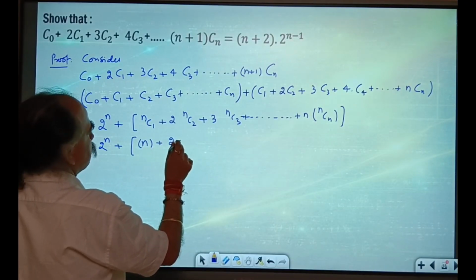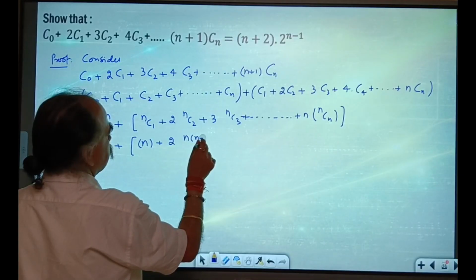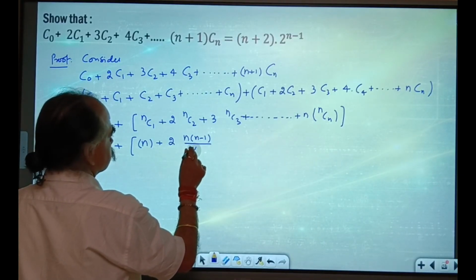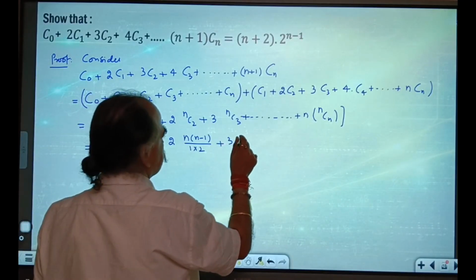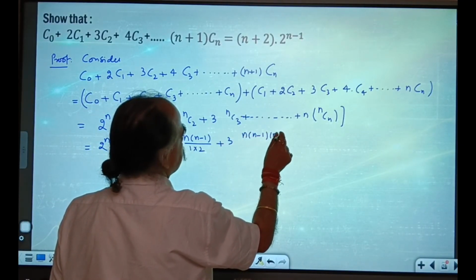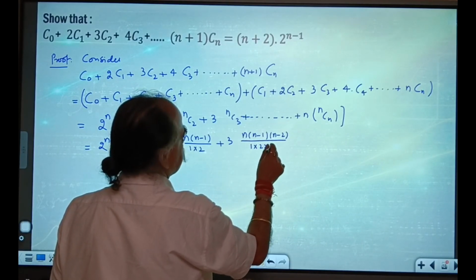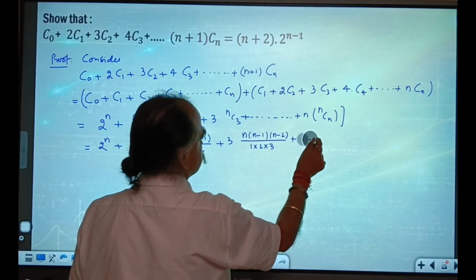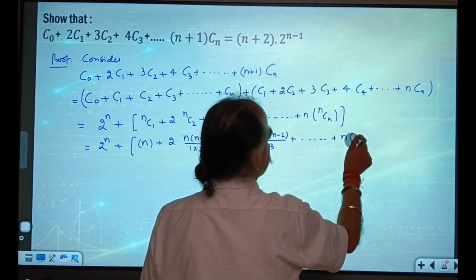Plus 2 into nC2 is n into n minus 1 upon 1 into 2. Plus 3 into nC3 is n into n minus 1, n minus 2 upon 1, 2, 3. nCn is what? 1.